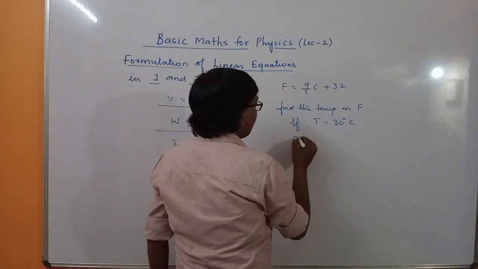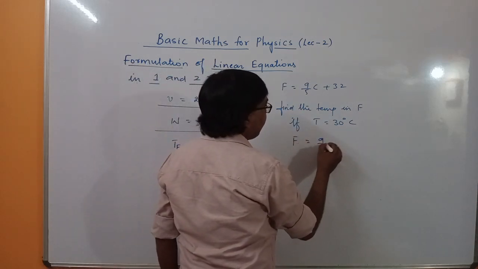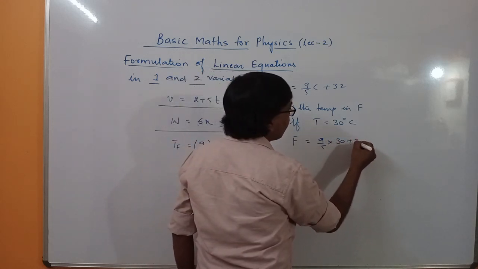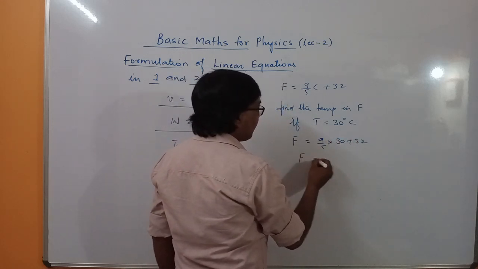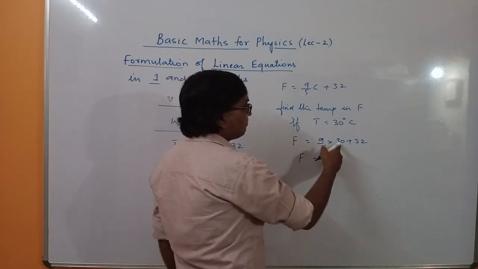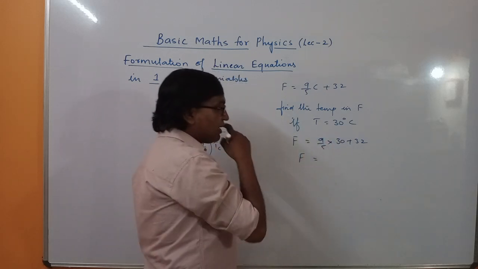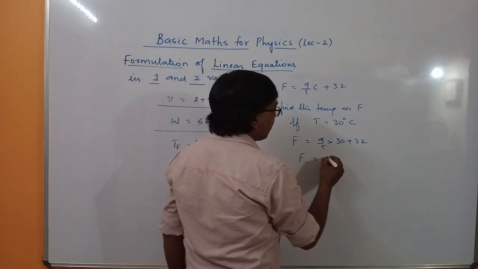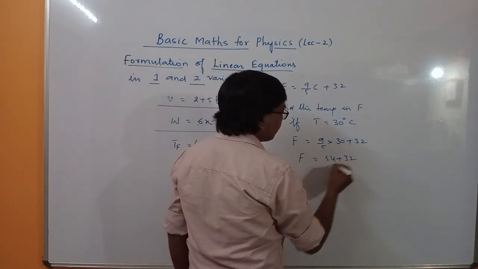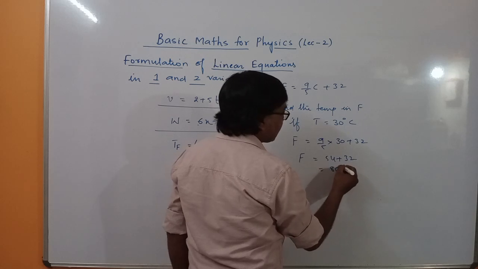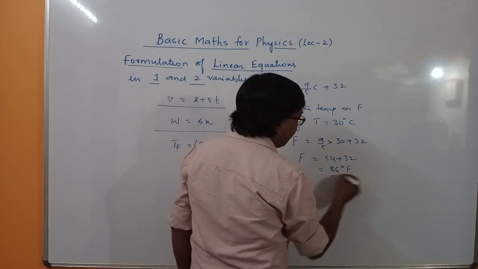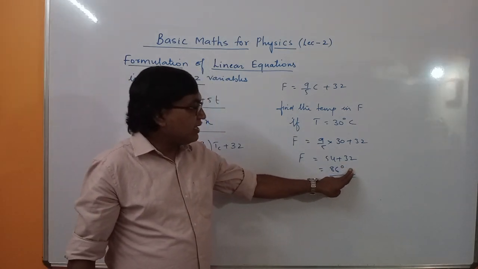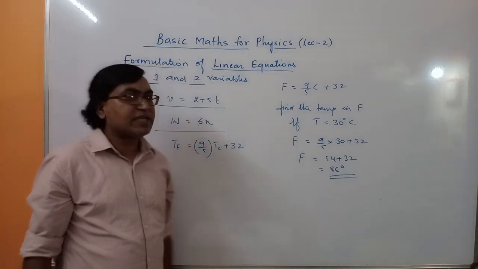So how much will it be on Fahrenheit scale? 9 by 5 into 30 plus 32. 5 6 is 30, 9 6 is 54, 54 plus 32. So that will be 86 degrees Fahrenheit. Okay, or I'll just write 86 degrees on this particular scale.